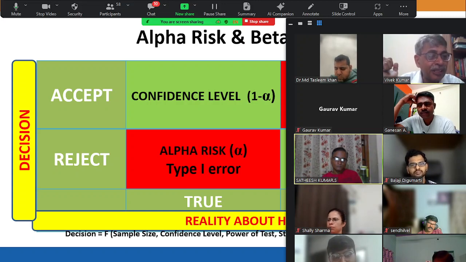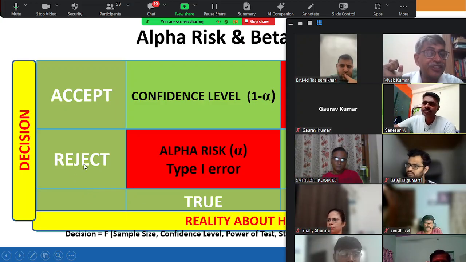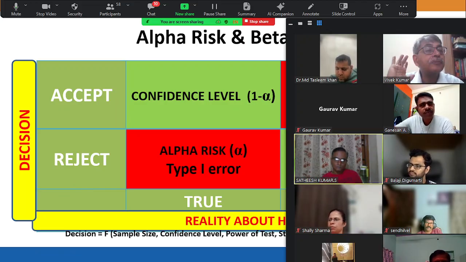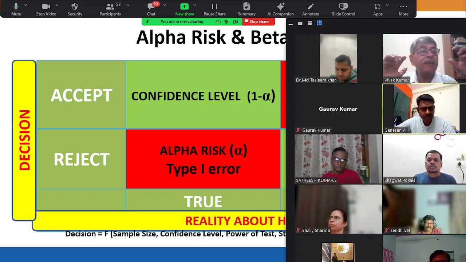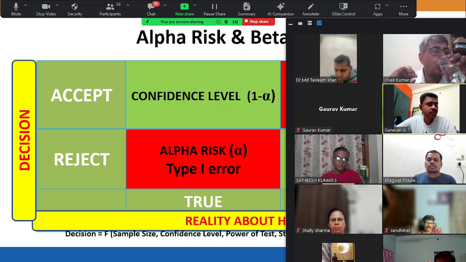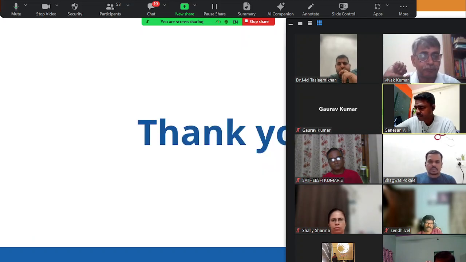Very simple. The risk of rejecting a null hypothesis which is actually true is known as type 1 or alpha risk. And typically, everyone agrees that let us take a risk of 5%. I can afford taking a risk of 5%. That's what industrial practice is.